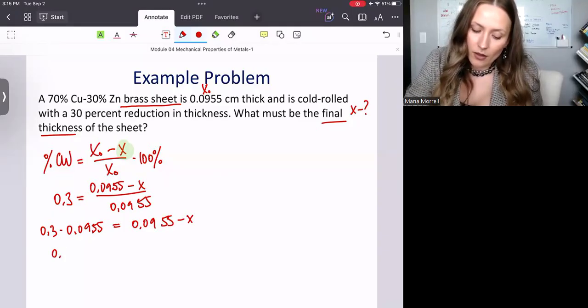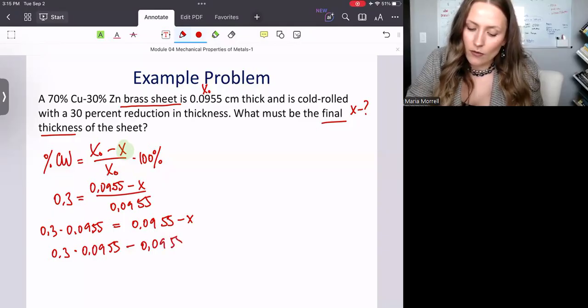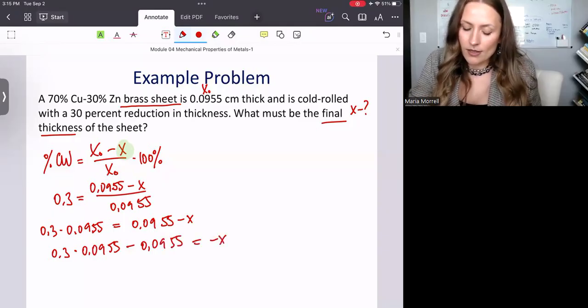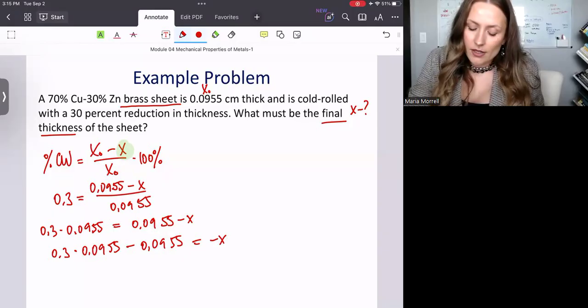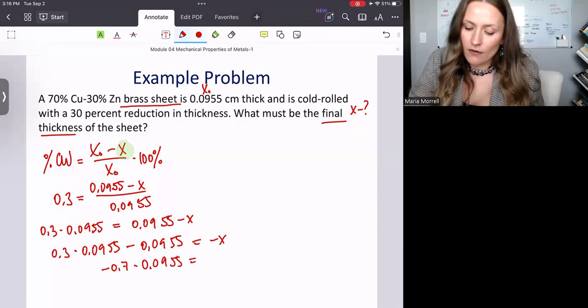And then I'm going to transfer it here. That gives 0.0955 equals to minus x, and this would look like minus 0.7 times 0.0955 equal to minus x.